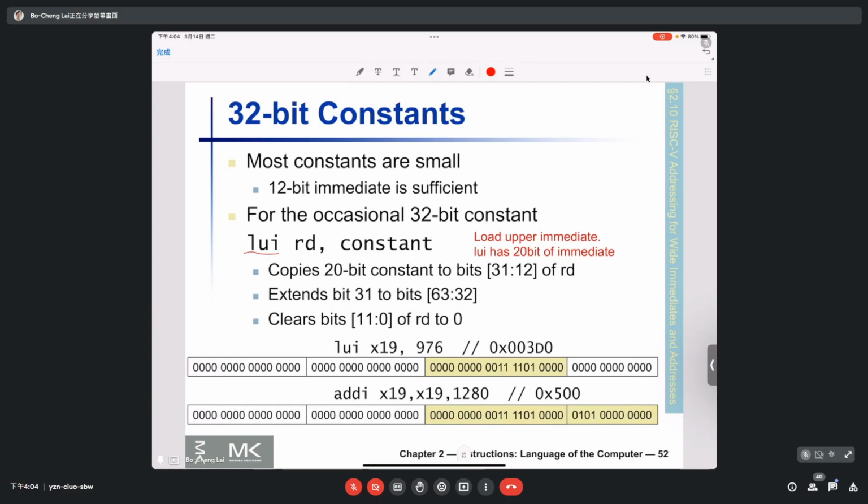So you load these upper 20 bits into the upper part of the 32-bit area, and then add the lower 12 bits in the next instruction. Then you have a 32-bit constant in your register. Okay?